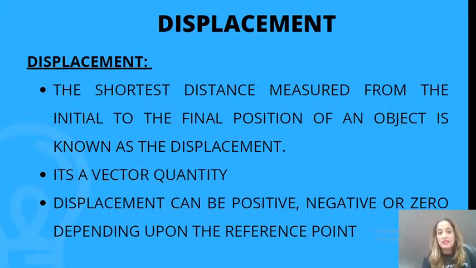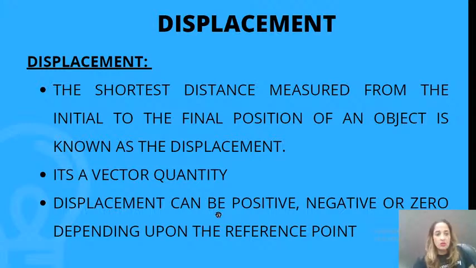What is your displacement? Zero. Why? Because you started from your home, and you came back to your home. So there is not really any displacement. Displacement can be zero, displacement can be negative. Let's say the reference point is further down.